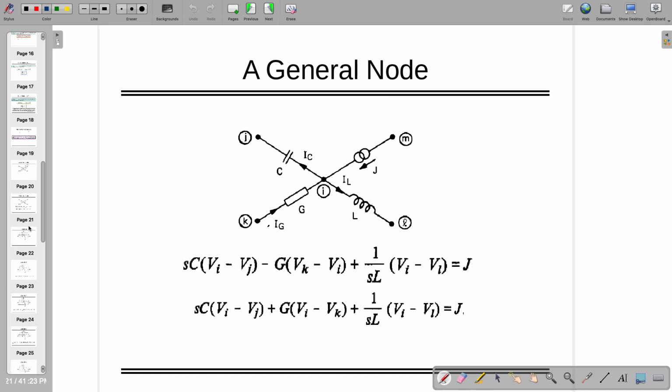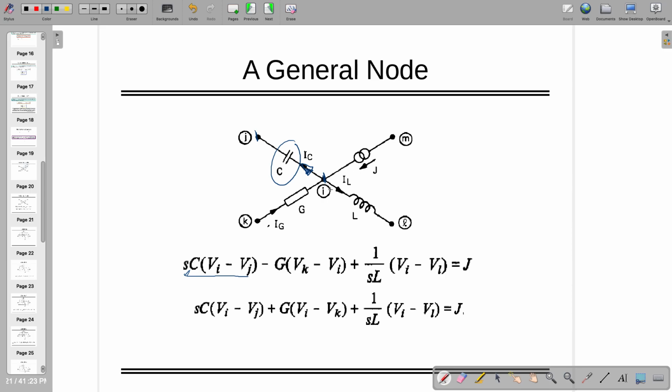So I can write down sC times (Vi minus Vj). Look at the first term, the direction of the current. You are moving from the Vi minus Vj side, so it will be (Vi minus Vj) times sC. This s is the Laplace operator, right?